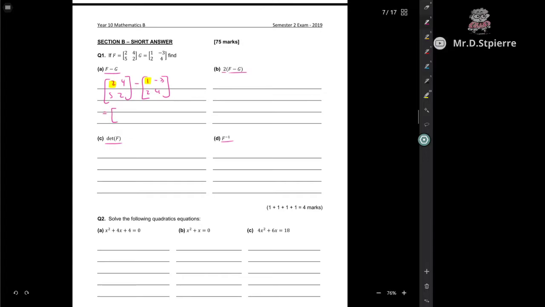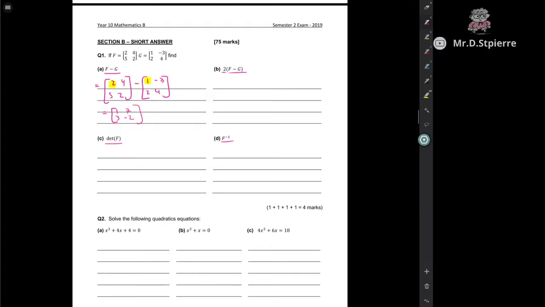So 2 take away 1 is 1. We do 4 take away negative 3, so that turns into subtraction, addition, so we get 7. 5 take away 2 is 3, and then 2 take away 4 is negative 2. And there is our matrix f minus g.